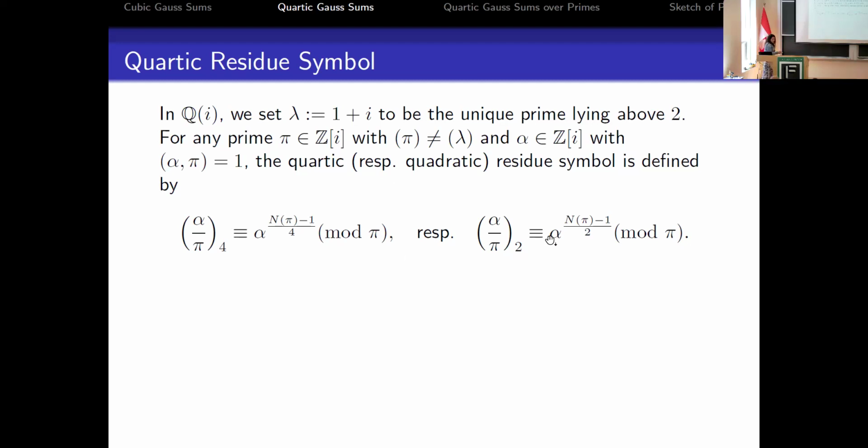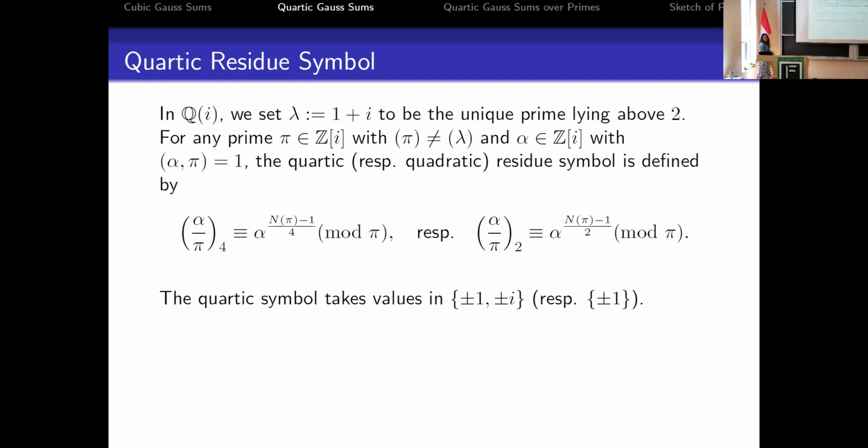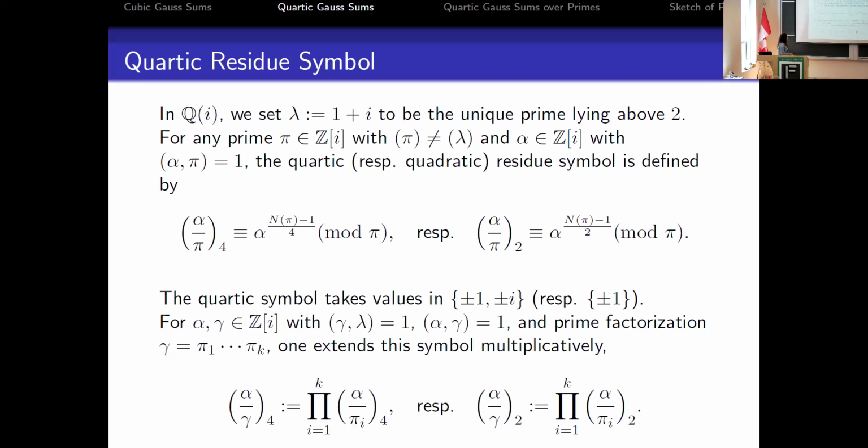Now, throughout the slides, we'll also see the quadratic residue symbol over Q adjoin i. So that's its definition as well. The quartic residue symbol will take values in plus or minus 1, plus or minus i, and the quadratic one will take values plus or minus 1 as expected.